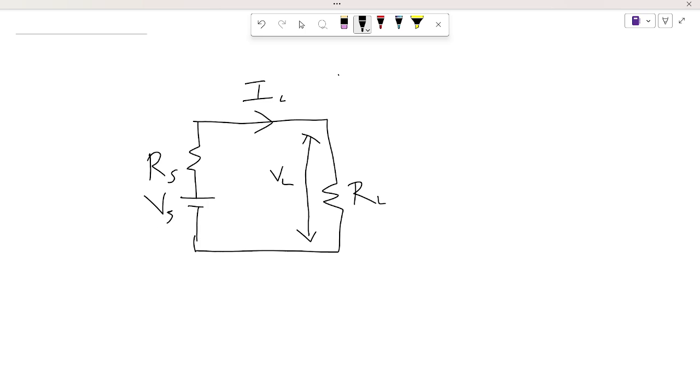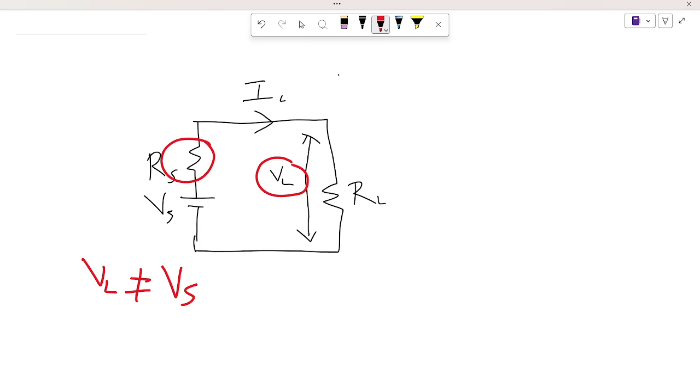Okay, so in this case, if we are to find the voltage across the load, that's the VL, our VL is not going to be equal to our Vs. This is due to the internal resistance present in the voltage source.